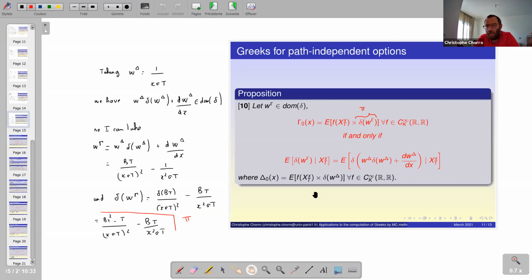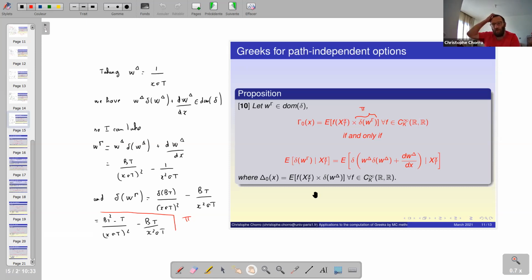The weights that are of the form the square root integral of sum 1, and I have a necessary and sufficient condition for this to work, okay? And I have just proved that in this situation, I am able to recover the result I have obtained in the case of the Black-Scholes model, okay?